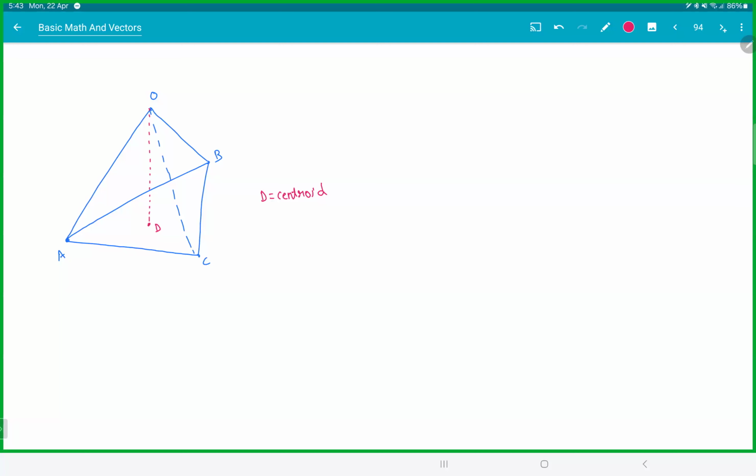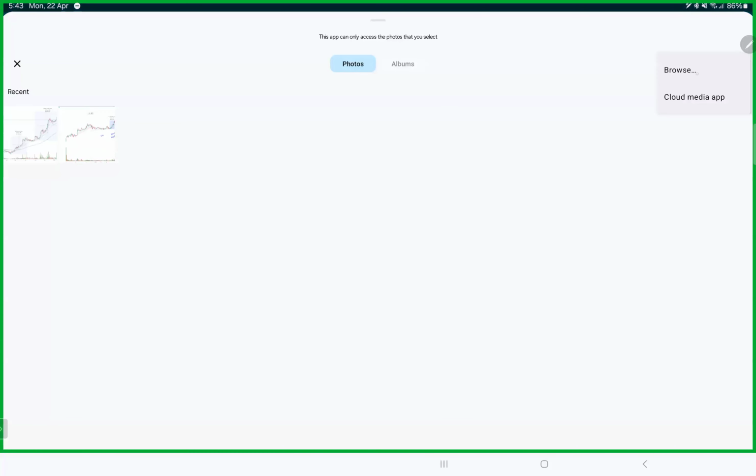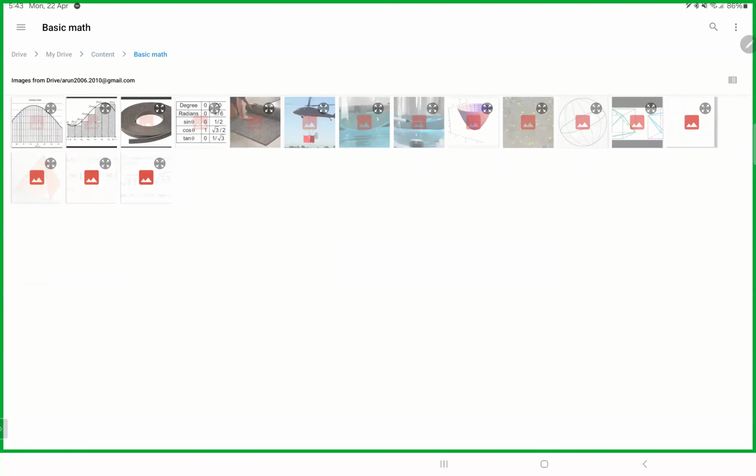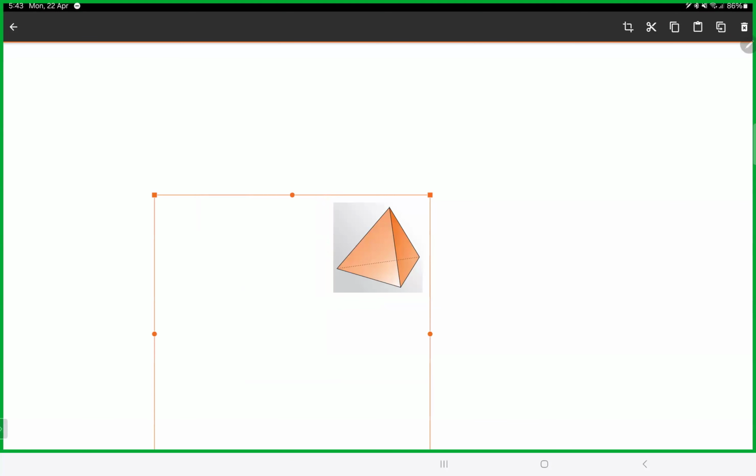So let me show how the angles look. I should take a pyramid only, I guess. My diagrams are bad. There, let's take this only.